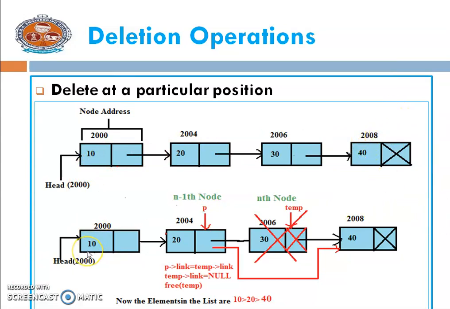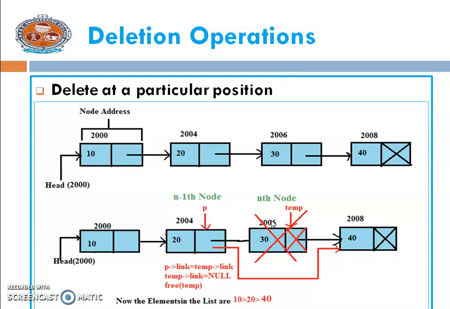So if I want to delete nth node, that is in our example third node in the list, traverse to the nth node of a single linked list and also keep reference of n-1th node in some temporary variable, say p. P is the n-1th node. Temp is referring the nth node.